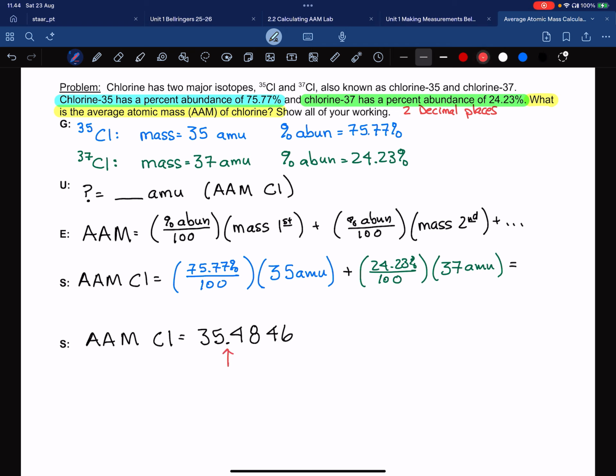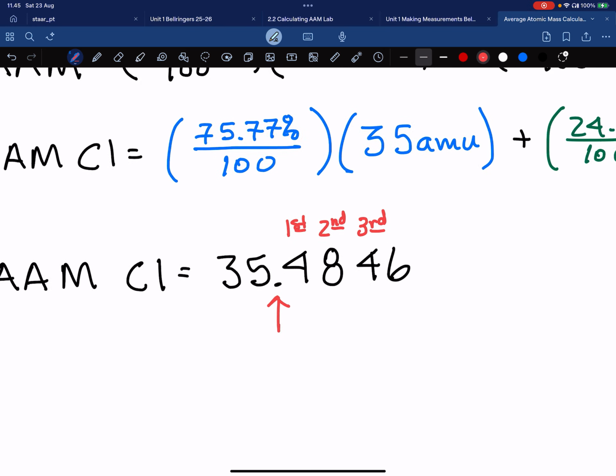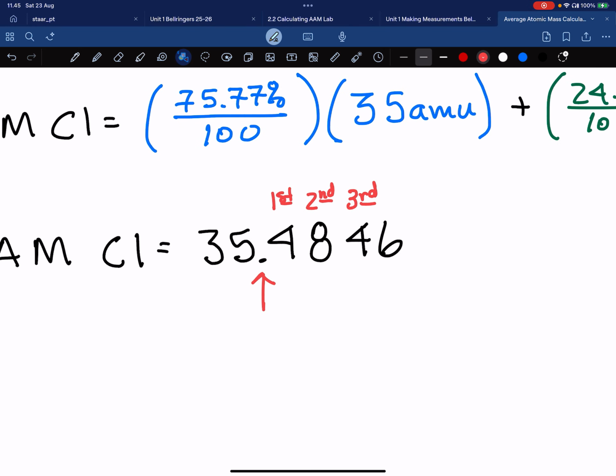Here's my decimal, okay? So here's my first decimal place, here's my second decimal place, here's my third decimal place. So if I want to report to 2 decimal places, I need to check the number behind it. So I look at the 4. Is this greater than or equal to 5?